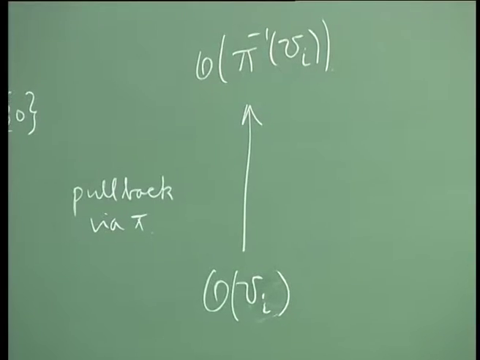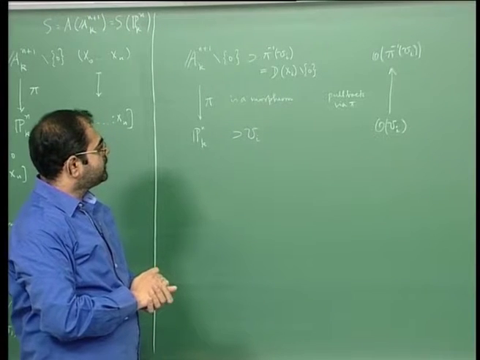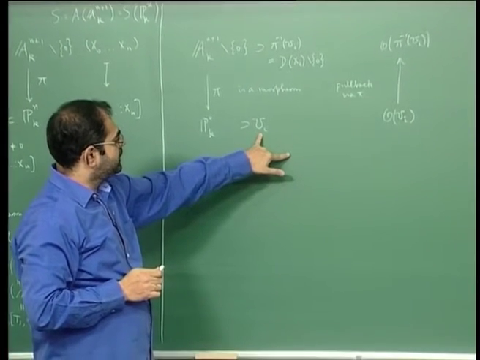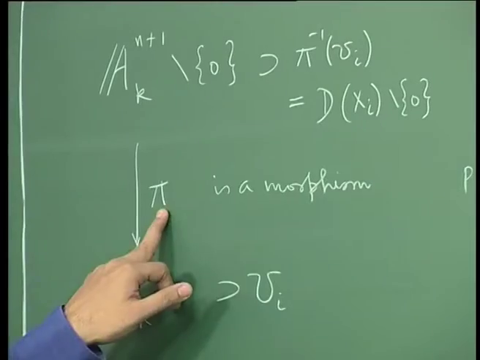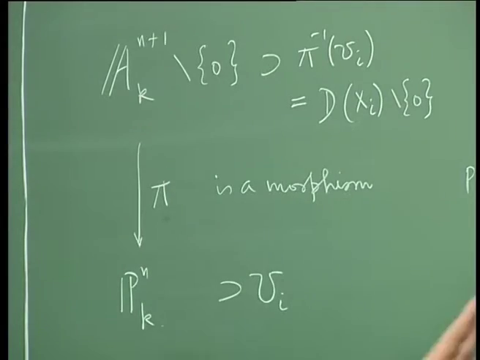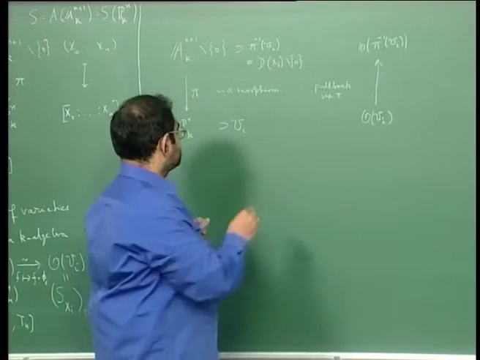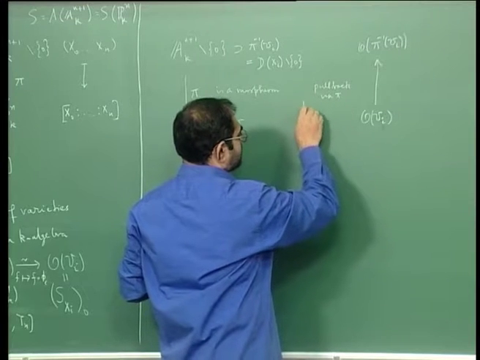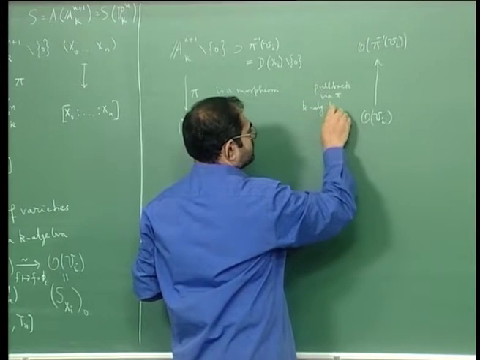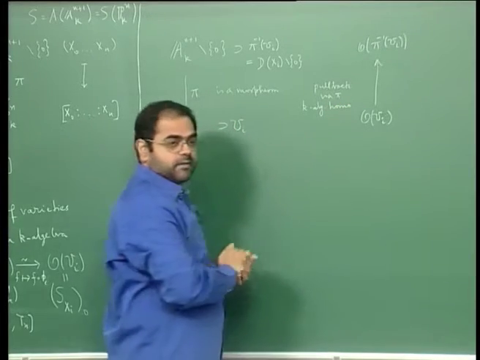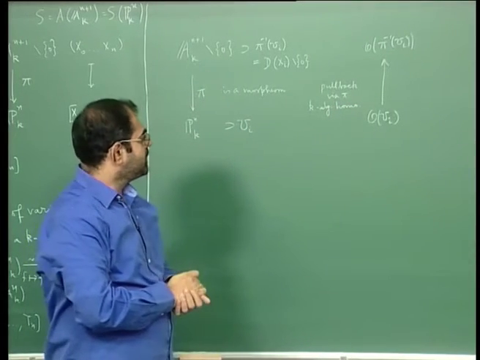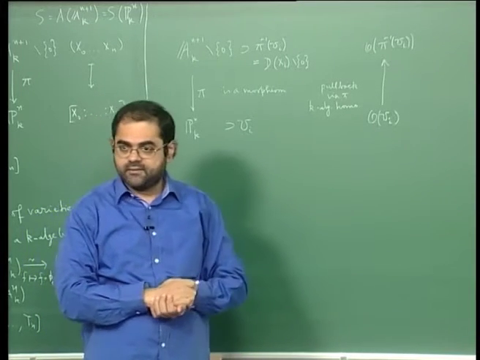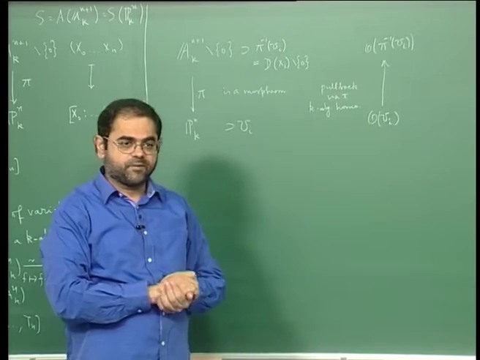Namely, you give me a regular function on ui, you compose it with pi, I will get a regular function on pi inverse ui. This is the pullback map, and of course this is a K algebra homomorphism. Any morphism of varieties will induce a K algebra homomorphism which corresponds to the pullback of regular functions.